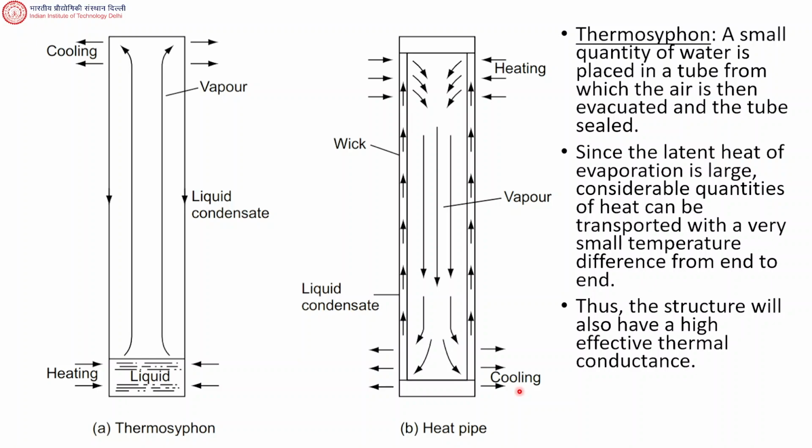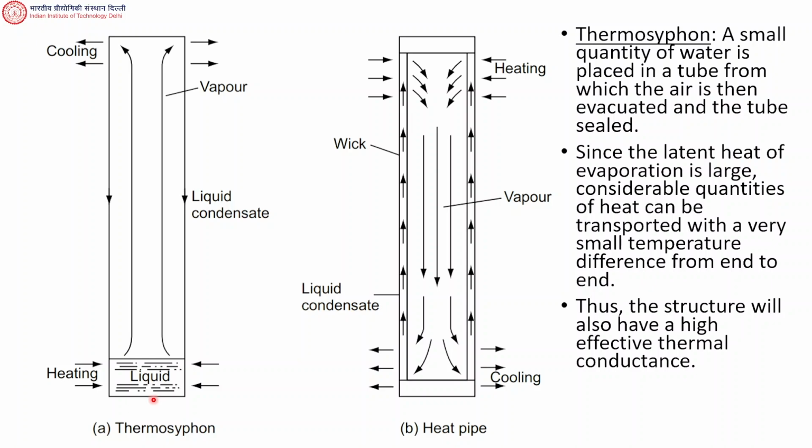Has anybody seen this? In a textbook, maybe not in real life, but in some books. Has anybody seen thermosiphon? No. Okay. What we do here for thermosiphon is that we have a tube from which air is evacuated and the tube is sealed and it has got some small amount of water here.